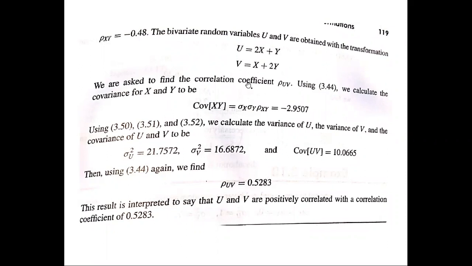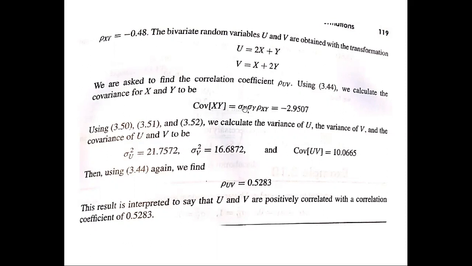So we have to find now the correlation coefficient, which is rho uv after the transformation. What will be the correlation coefficient? That is what we need to find out. Before finding the correlation coefficient, we need to find the covariance of x and y. Okay, we need to calculate the covariance of x and y. So covariance of x and y will be equal to sigma x, sigma y, rho xy.